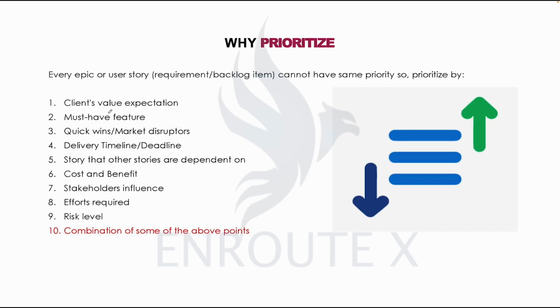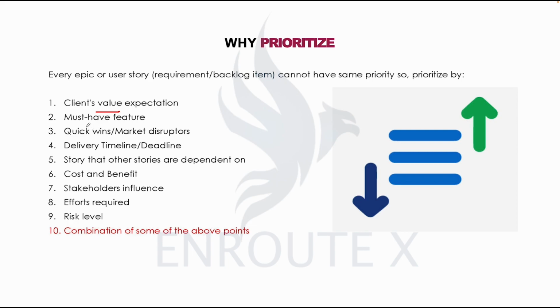We prioritize sometimes based on value, where we want to know which would give us the highest value. You have two or more features to deliver of a single product, and you're asking yourself which would give the highest value to the end user.